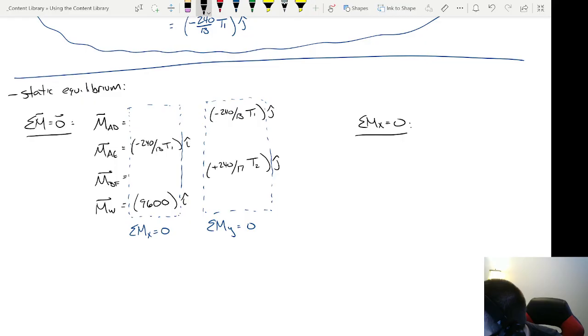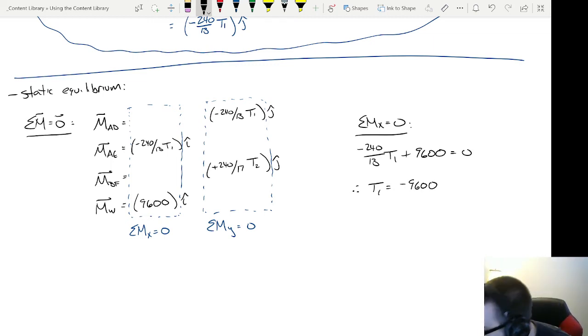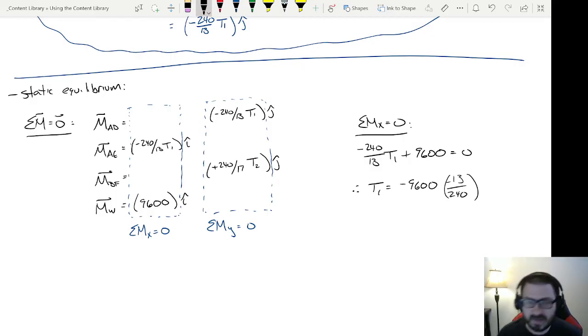So we get negative 240 over 13 T1 plus 9600 equals 0. So therefore, T1 equals negative 9600. Just move the 9600 over, flip and multiply, negative 13 over 240, and there's the answer.